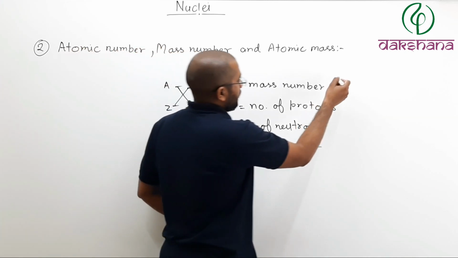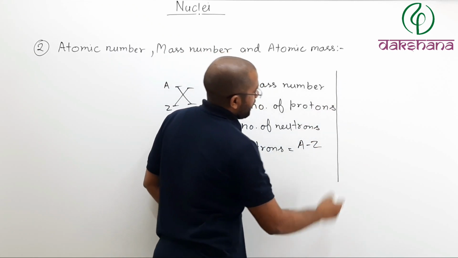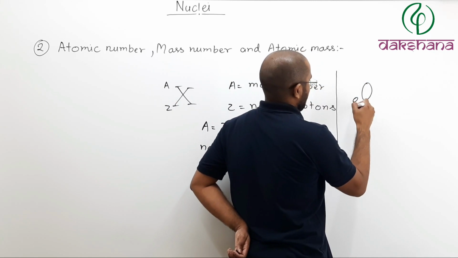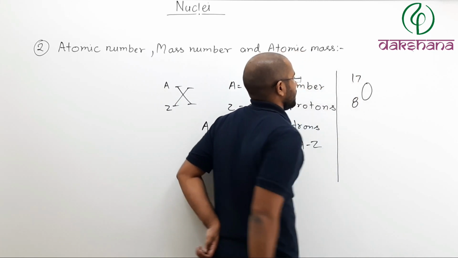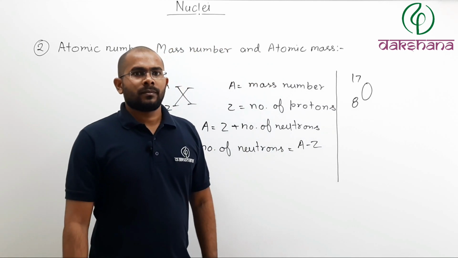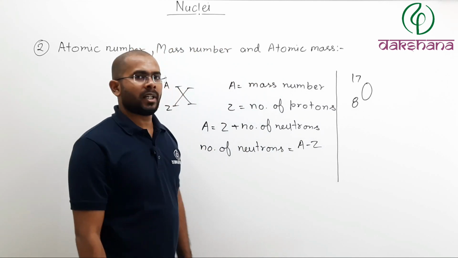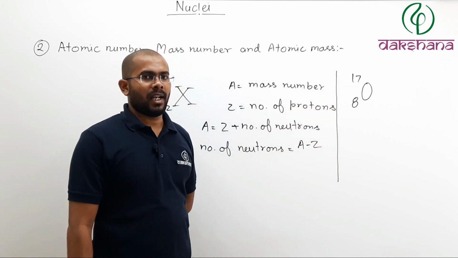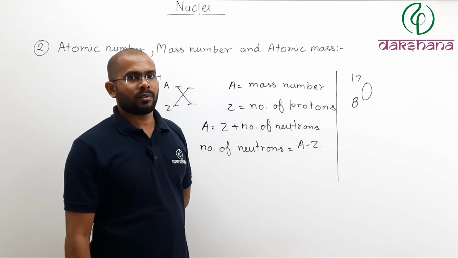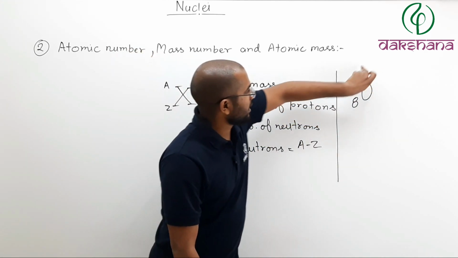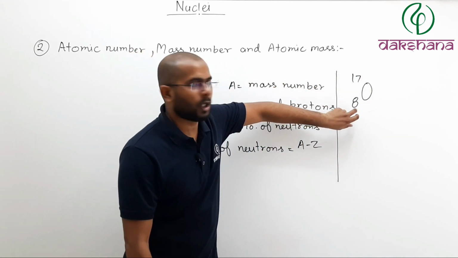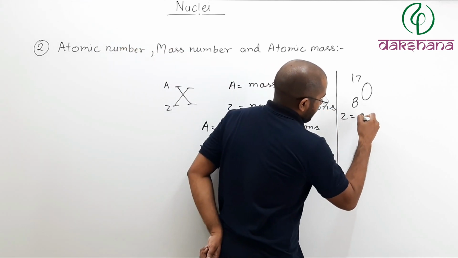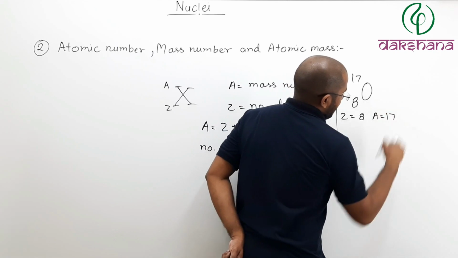For example, let us say I write oxygen 8, 17. Now oxygen atomic number 8. What is mass number? 17. And I ask, tell me number of neutrons. So when oxygen is written like this, left side corner, bottom corner, 8, Z. So Z equals 8, A equals 17.